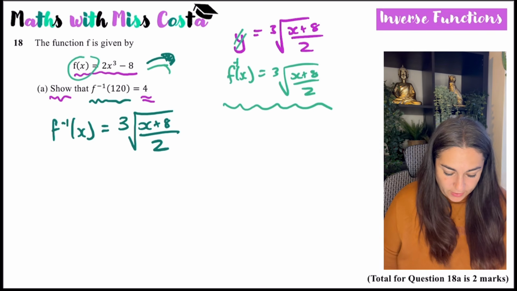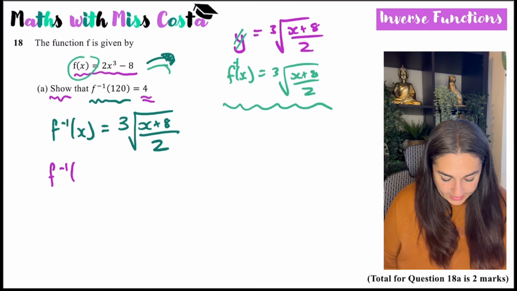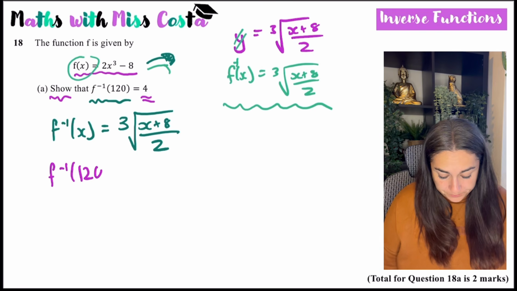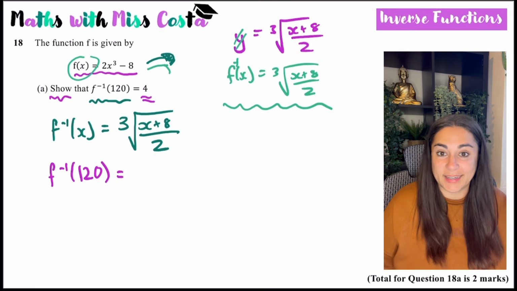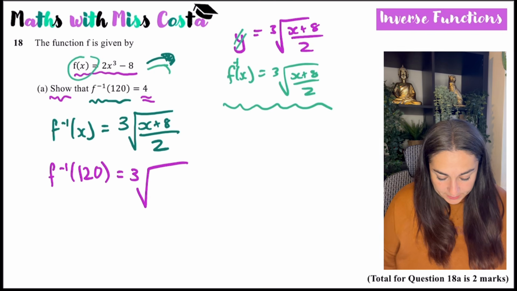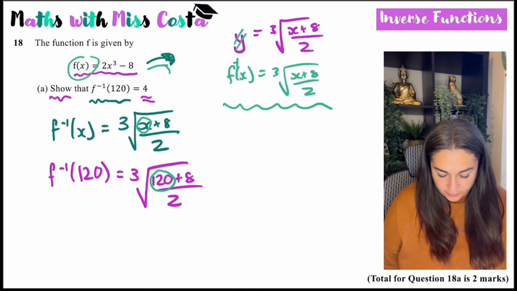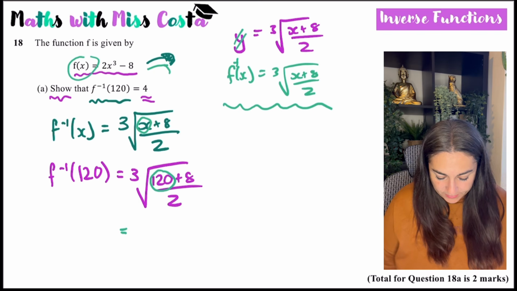So I need to show that when x is 120, my final answer is 4. So all I do is wherever I see an x, I'm going to put 120 instead. And now I work this out.